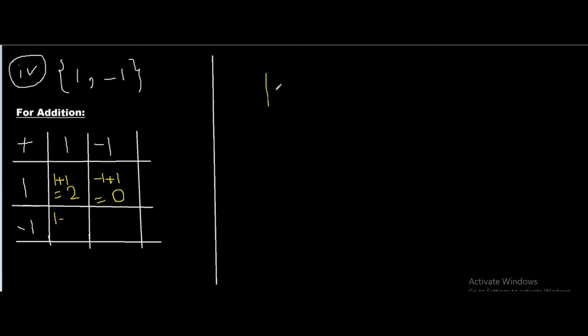I am doing this on the rough side so that you can understand. 1 plus -1, both of these cancel, or plus minus is minus, so 1 minus 1 is equal to 0. Therefore, you will be writing 1 minus 1 is equal to 0 here. So the result is 0.